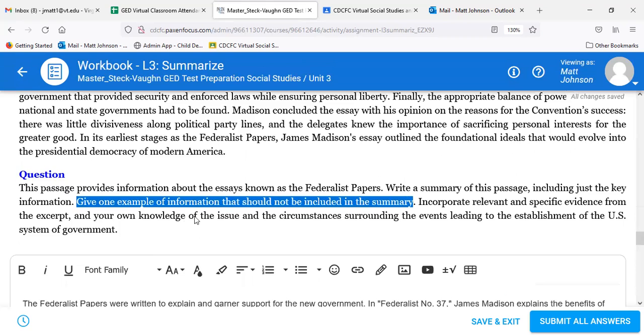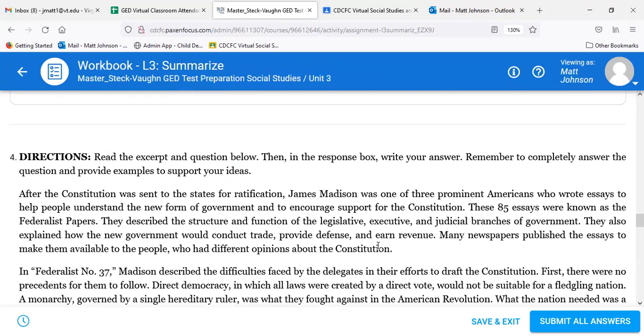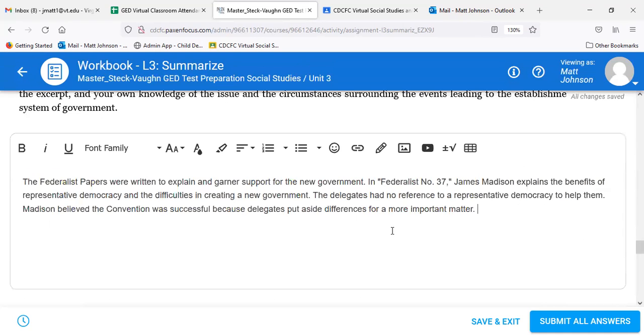So we just need to throw in, so like, what to say, many newspapers publish the essays should not be included in the summary.